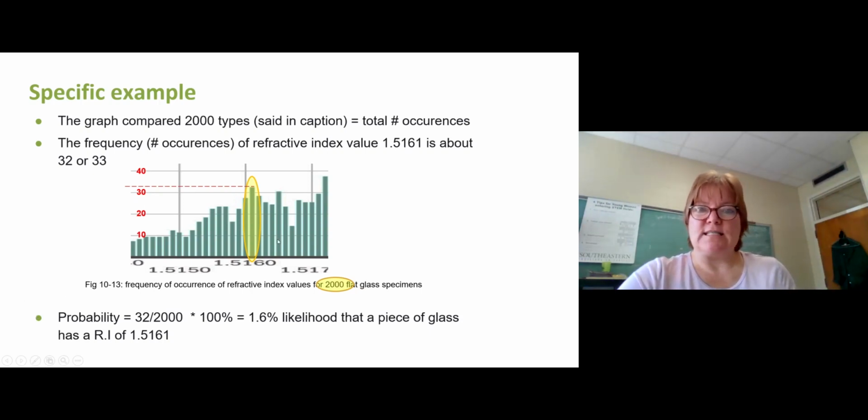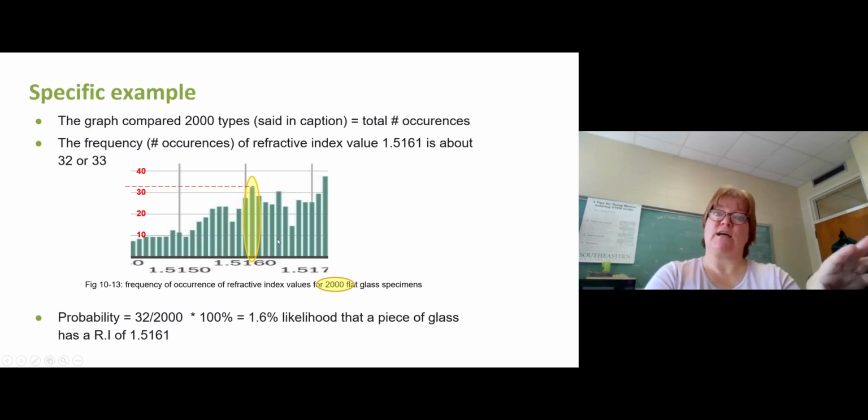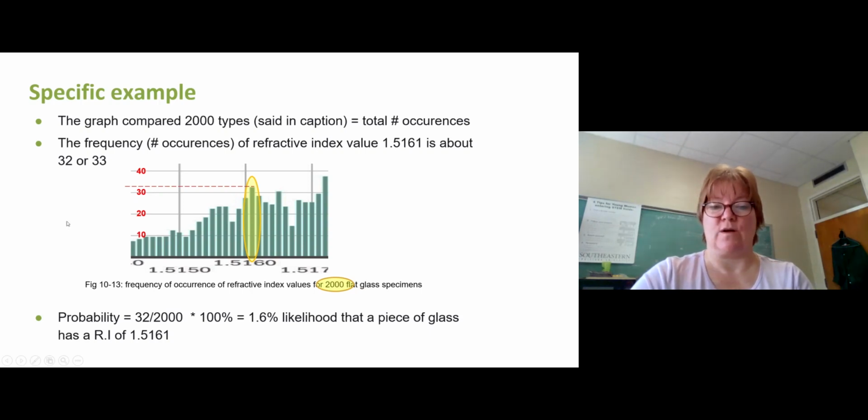So my probability is 32, the number of times I saw that one, divided by 2,000, the total number measured. I multiply by 100 to get it in percent, and it turns out this is a 1.6% likelihood that any piece of glass you would find would have a refractive index of 1.5161.